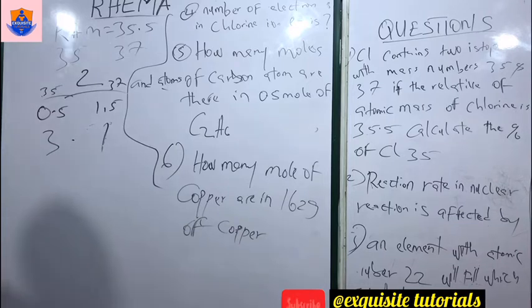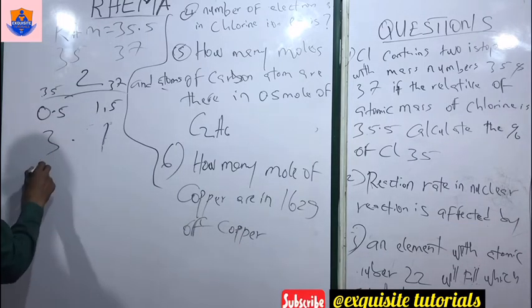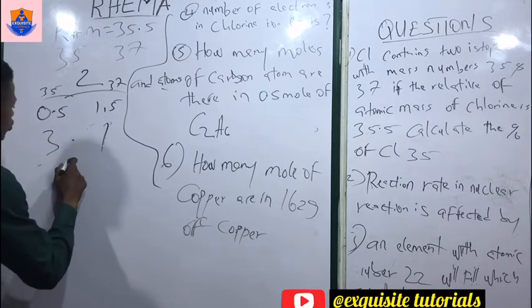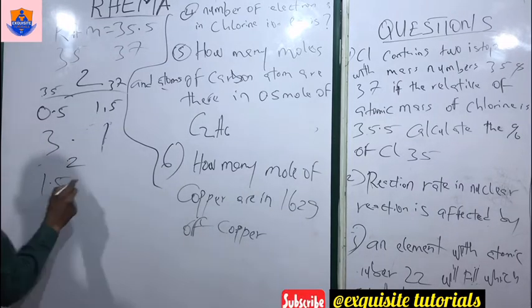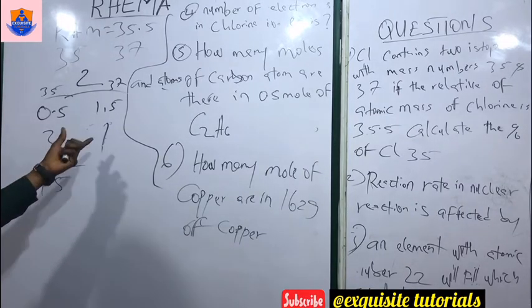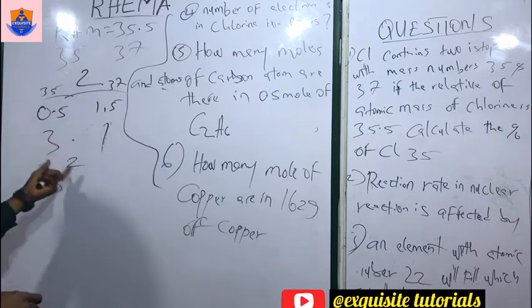So that means chlorine 35 actually has, out of 2, 3:1 of 2 is 1.5, where 1:3 of 2 is 0.5.